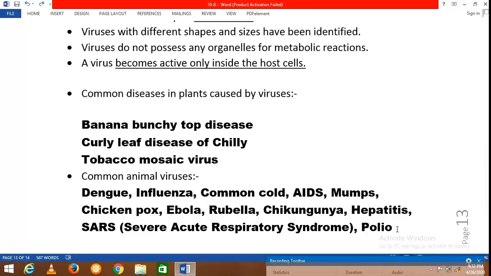Actually, COVID-19 comes under the corona family. And you know the long form of AIDS, acquired immunodeficiency syndrome, which is caused by HIV, human immunodeficiency virus.